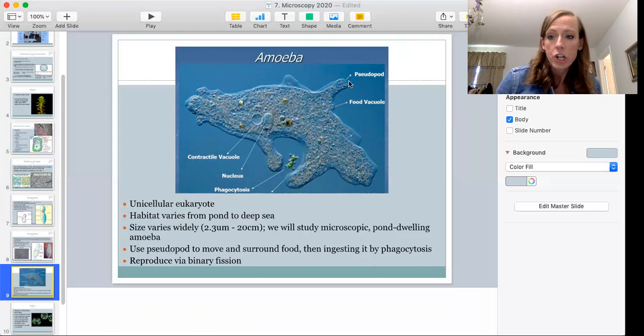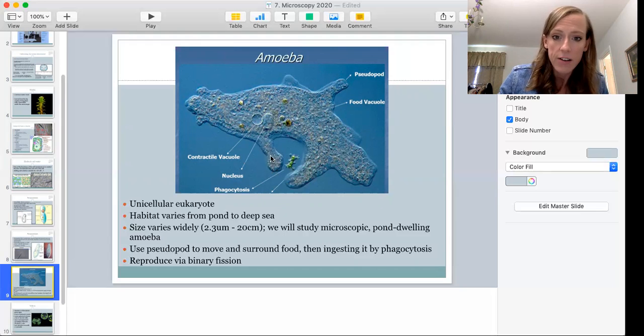But the neat feature for the amoeba that we would like you to be able to observe is the pseudopod, shown here. This would be one here, here. These are basically extensions of the body that allow the amoeba to move around its environment as well as surround food to ingest.